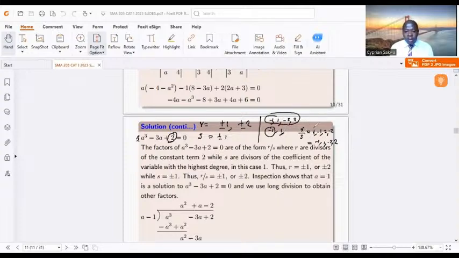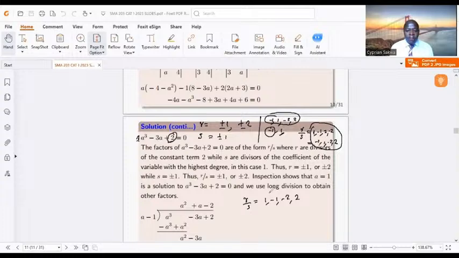So my roots are these, but you can see they are the same roots. -1 is repeated, +1 is repeated, and 2 is repeated. So my likely roots are just 1, -1, -2, and 2.